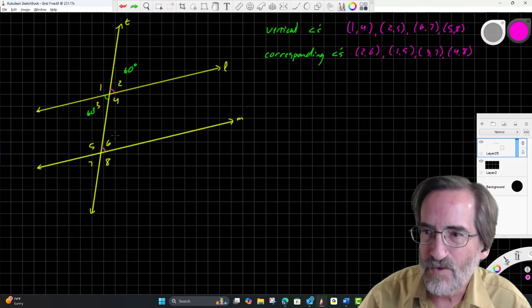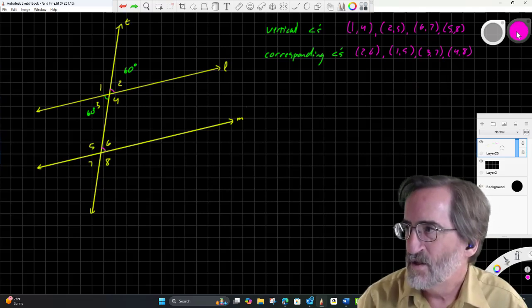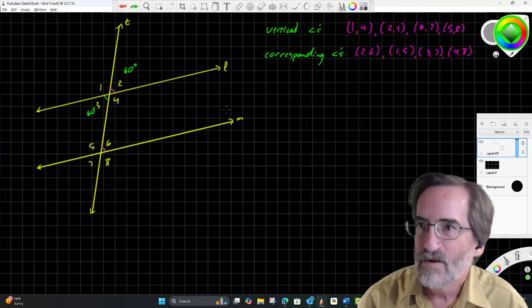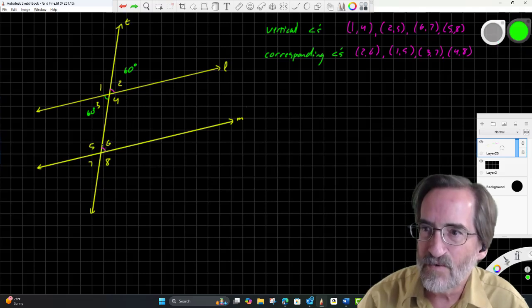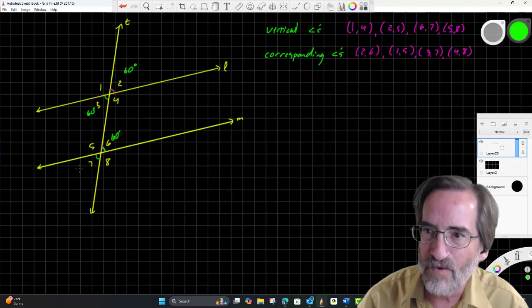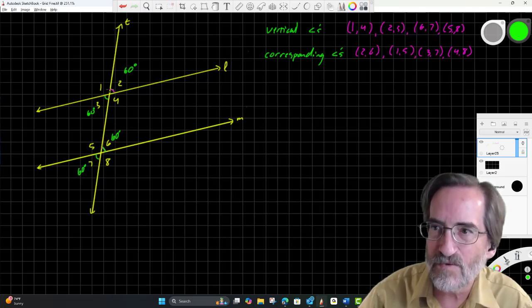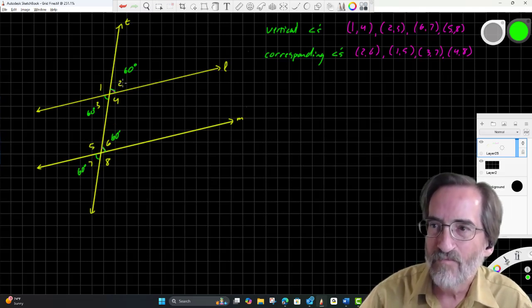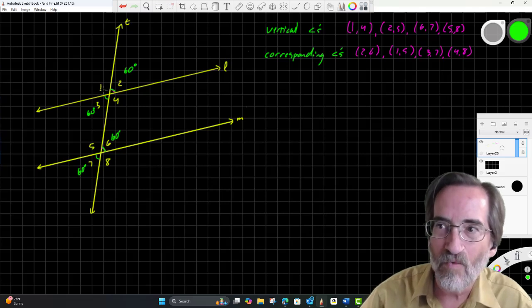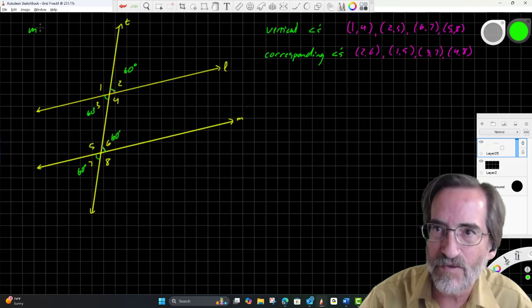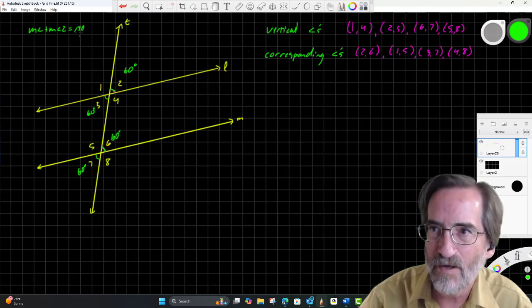So in this case, angles 2 and 3 are 60 degrees, and angle 6 is 60 degrees. And 6 and 7 are vertical angles, so they're 60 degrees. But angles 1 and 2 make 180 degrees. The measure of angle 1 plus the measure of angle 2 is 180.